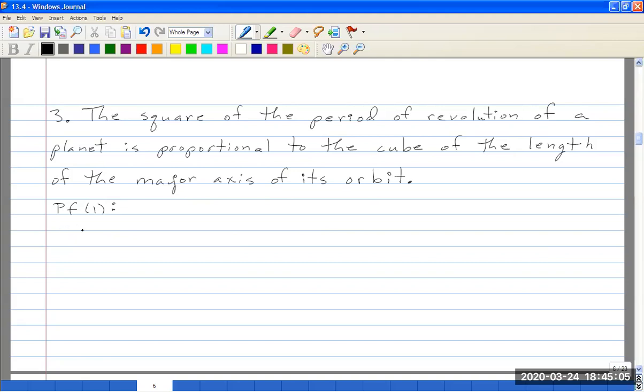So force is equal to mass times acceleration by Newton's second law.